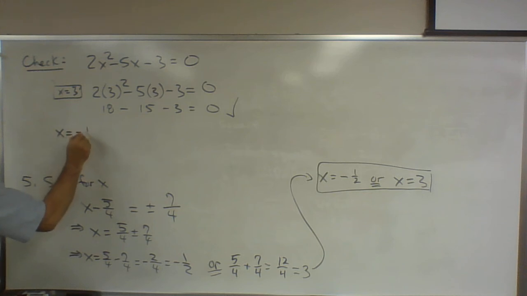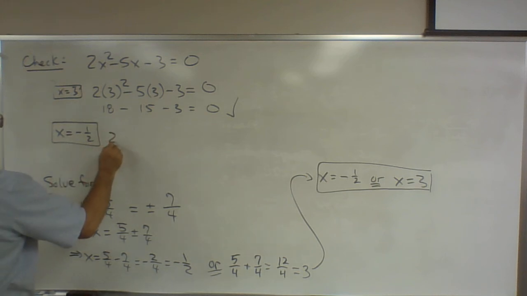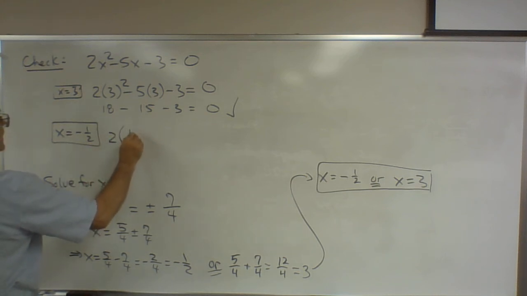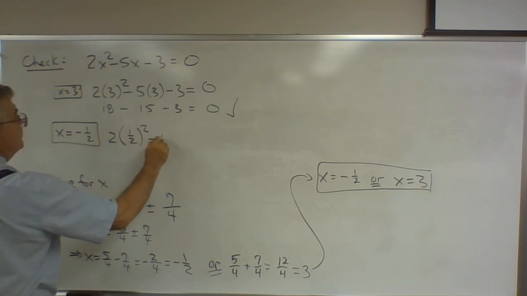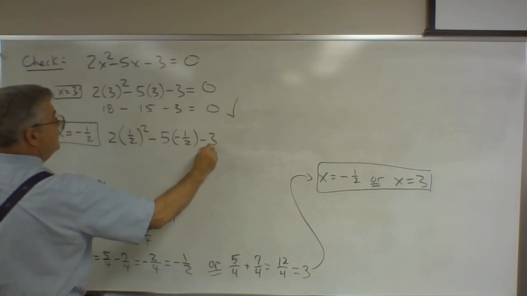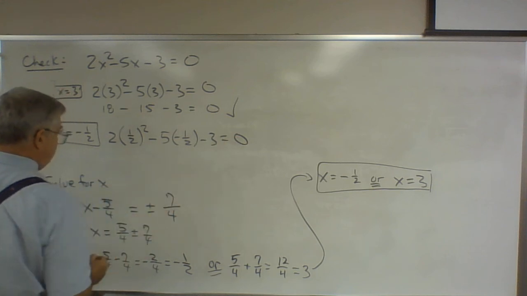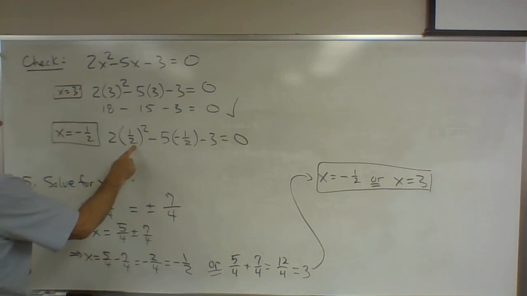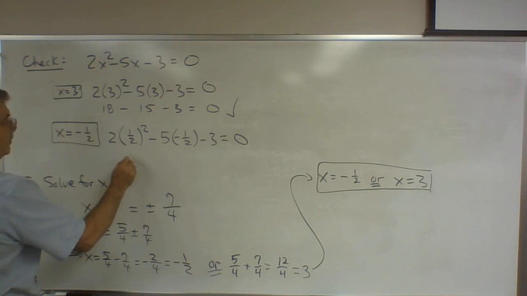X equals -1/2. 2 times -1/2 squared minus 5 times -1/2 minus 3 equals 0. Let's see. 1/2 squared is 1/4 times 2 is 1/2.